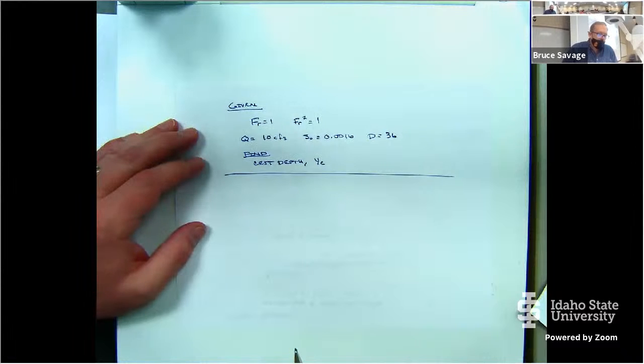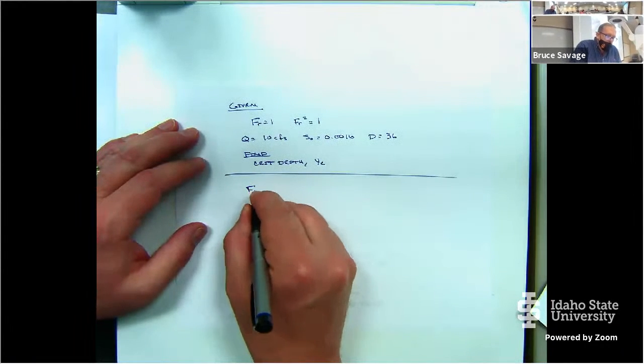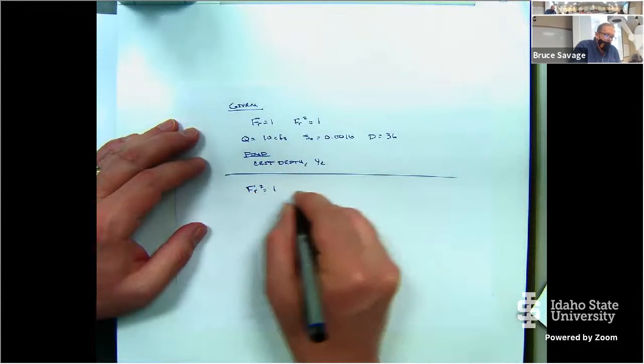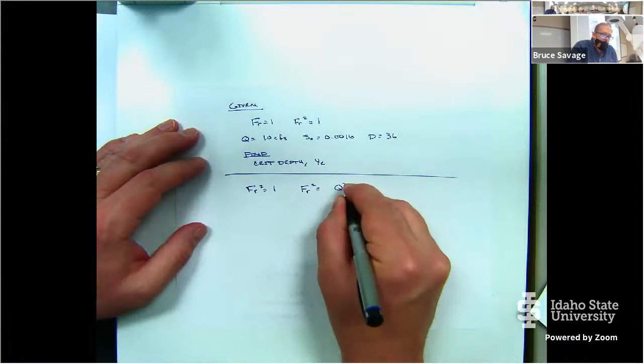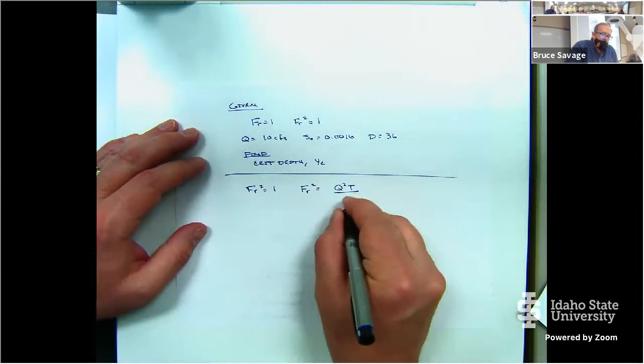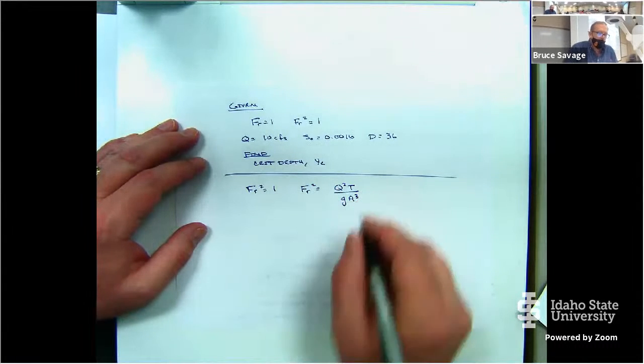So when we look at this, we know that the Froude number squared is equal to 1, and the Froude number squared is equal to the general equation Q squared times the top width divided by gravity times A cubed. Okay?